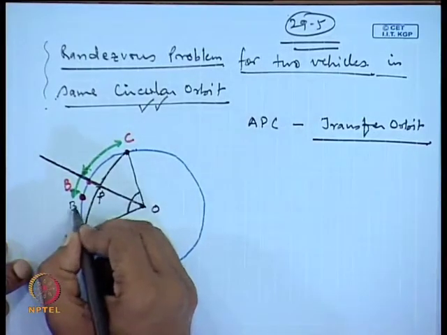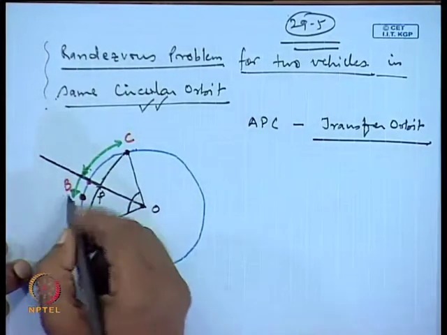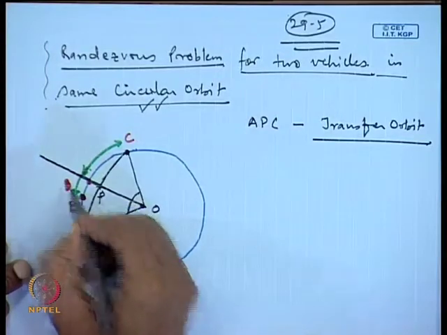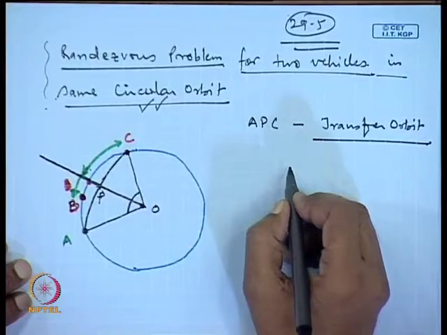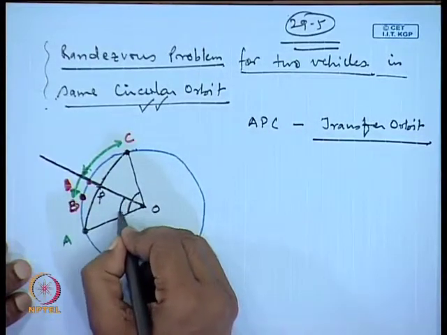This is point B here. Let us name these angles.